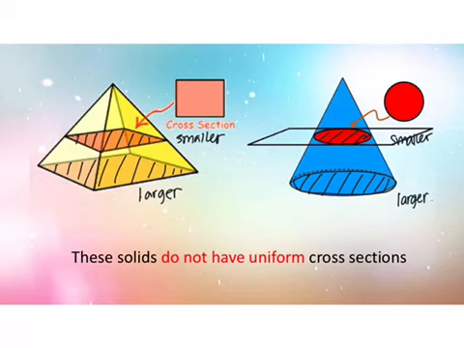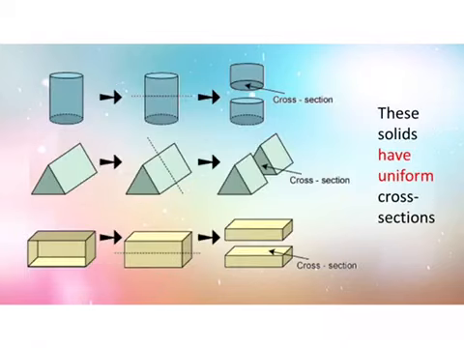So for solids that have different cross-sectional areas when the direction of cut is the same, they do not have uniform cross-sections. How about the following solids?